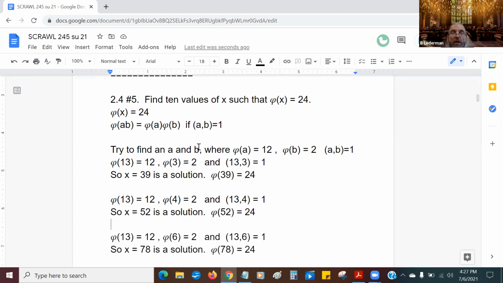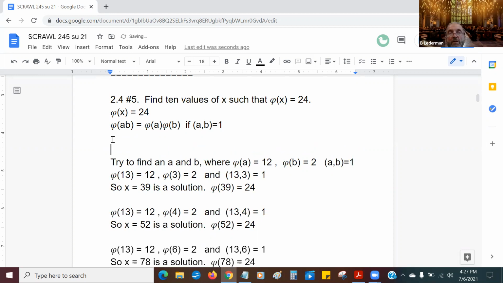So it's not that you need A times B to equal 24.